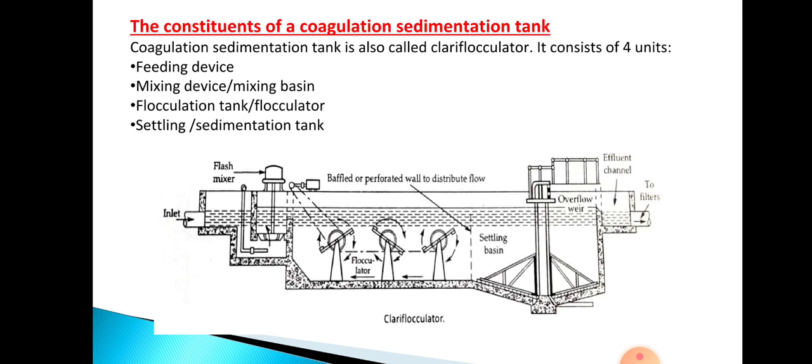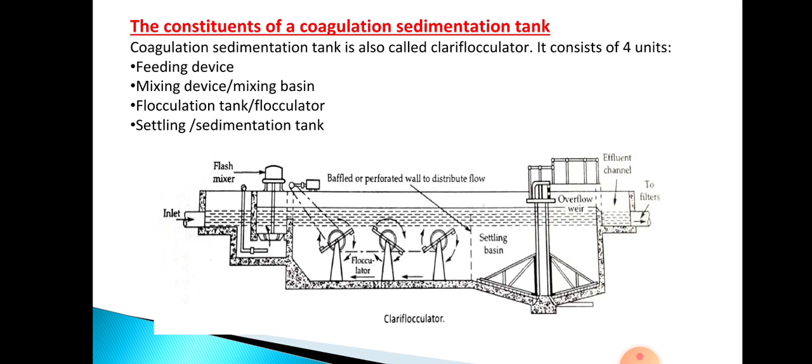The flock formed in the mixing basin will then be allowed to consolidate in the flocculation tank, and then the flocculated water will finally be passed into the sedimentation tank, where the flocculated particles will settle down and then be removed. After that, the resultant water will be taken out through the outlet of the sedimentation tank for further treatment. After sedimentation in a water treatment process, the next treatment is filtration, so the resultant water can be taken through the outlet for the filtration process.